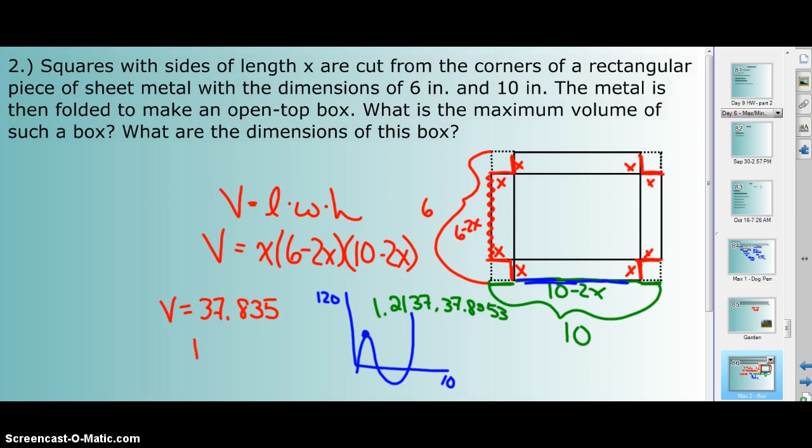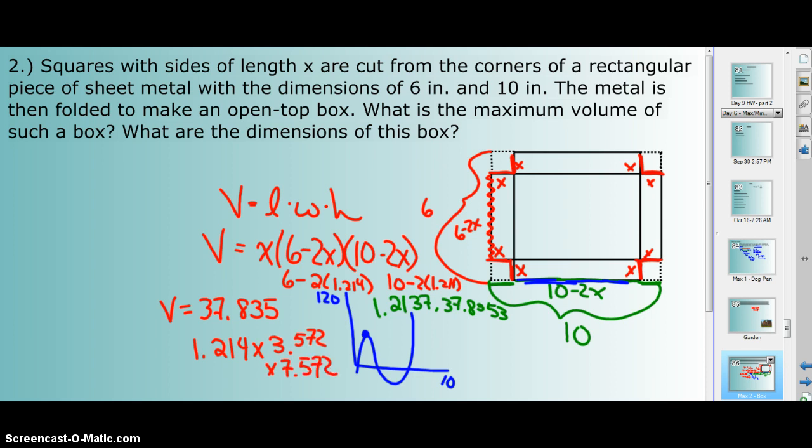And then the dimensions, you have the first one is your x value. So you're going to have 1.214. And then you're going to plug that in here, 6 minus 2 times 1.214, and 10 minus 2 times 1.214. And those give you the dimensions of 3.572 and 7.572.